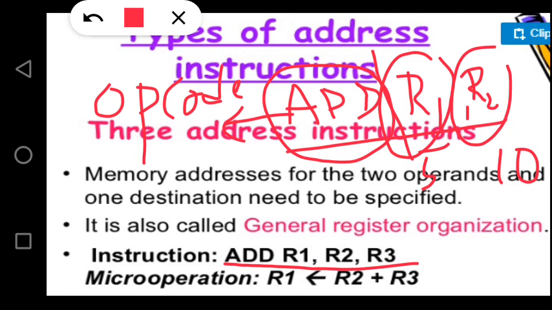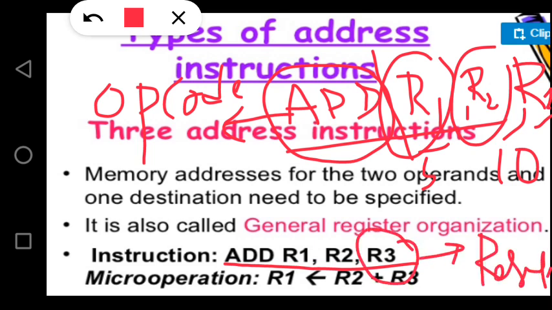Where does it have to store it? In a third register called R3. This is the register where results are stored. For that reason, this is called a three address instruction. Three address means three registers or three different memory locations are required to be specified.